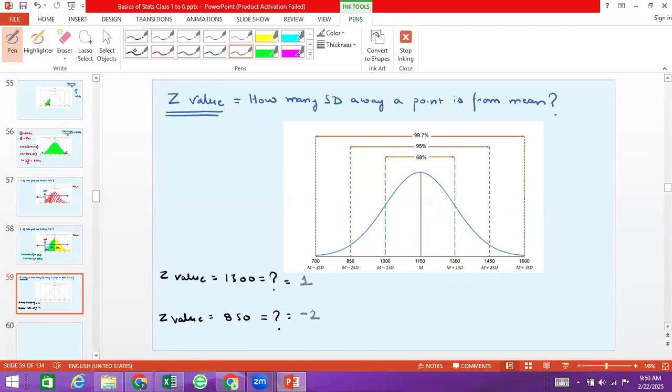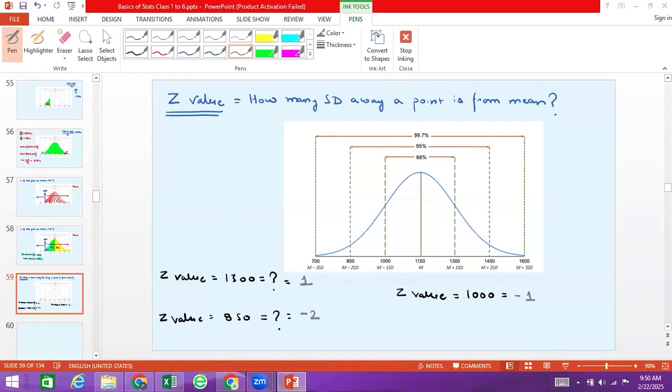Similarly, if someone asks me what is the Z value of 1000, then it is minus 1, because it is 1 standard deviation below the mean.